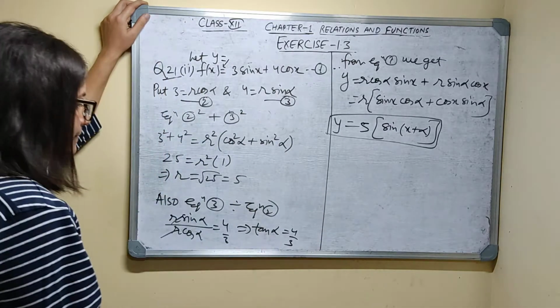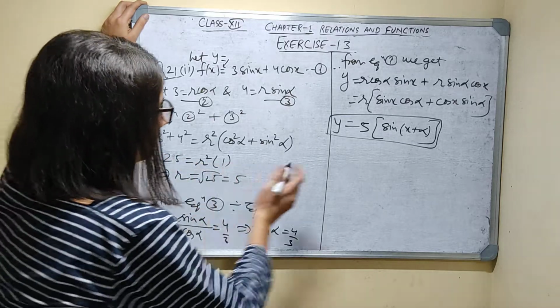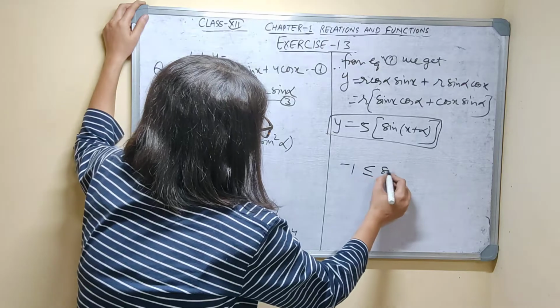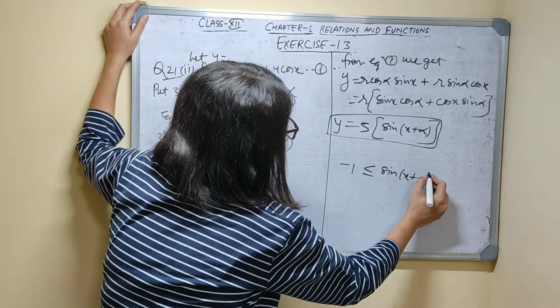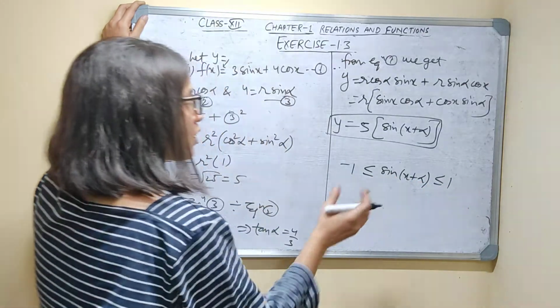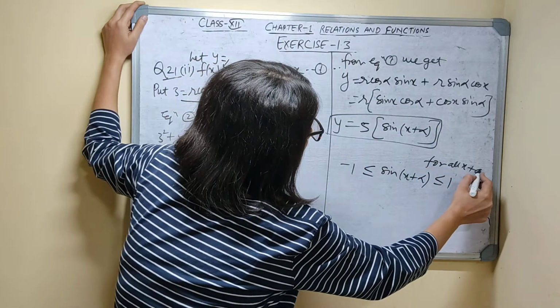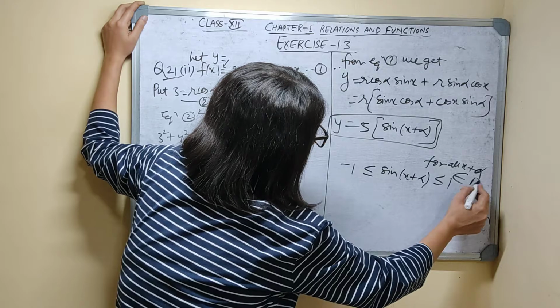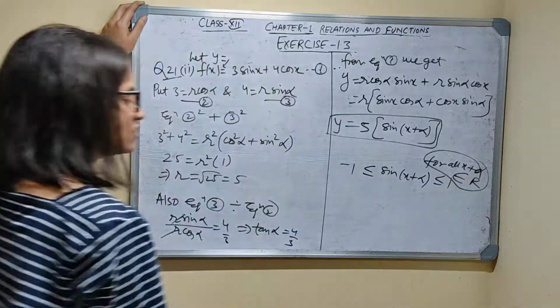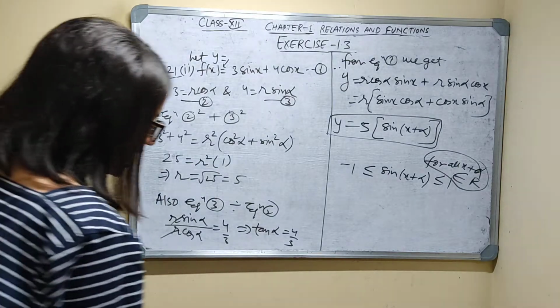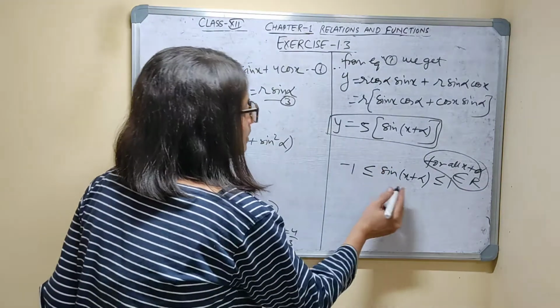So you can say y is equal to 5 sin(x + alpha), and I know the value of sin(x + alpha) is between minus 1 to 1 for all x plus alpha, where alpha belongs to real numbers. So here you need 5, so multiply with 5.